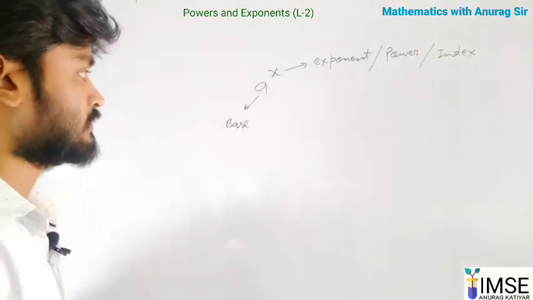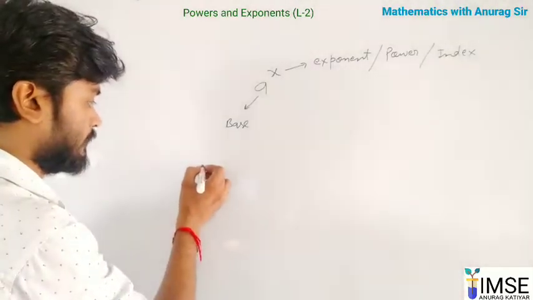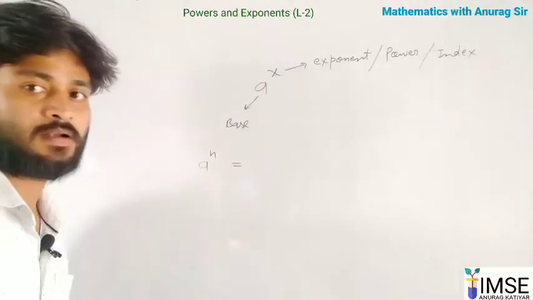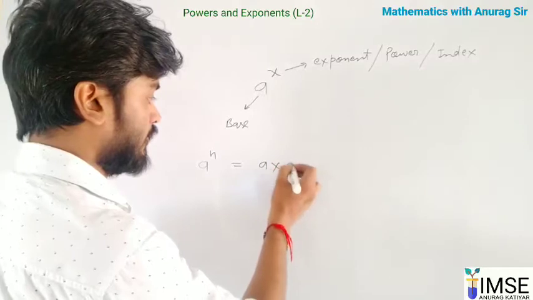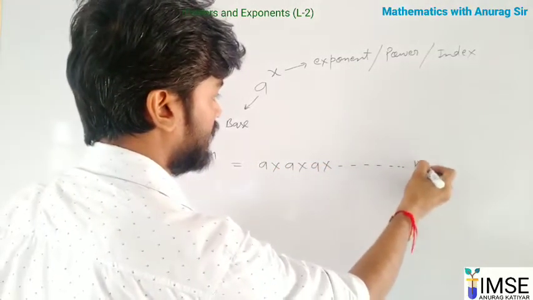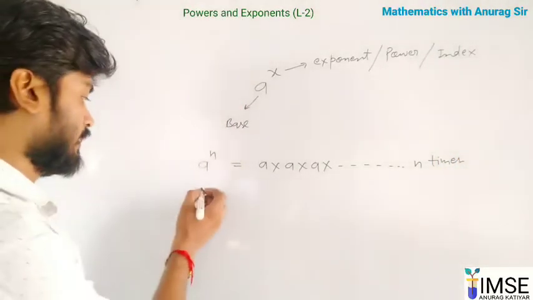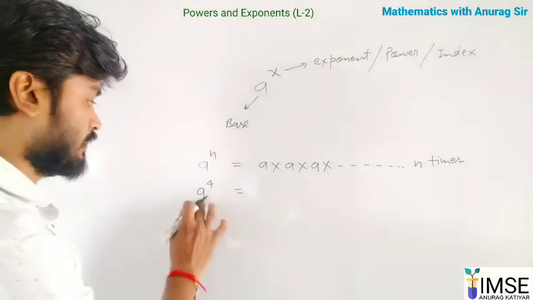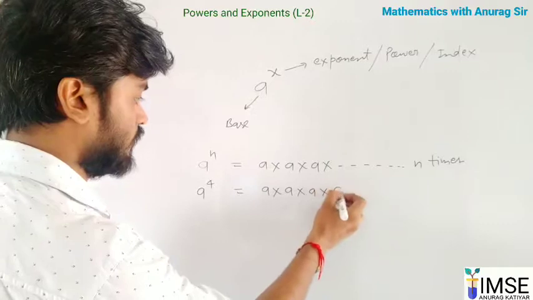So dear students, one most important formula is here. If I write a to power n, you multiply a, n times: a into a into a, and so on n times. If I take the same example, a to power 4, you write a in 4 times: a into a into a into a.